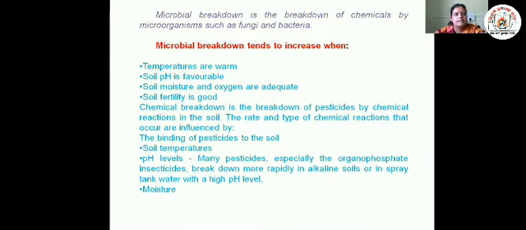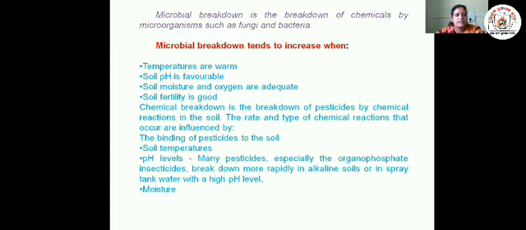Next is microbial breakdown. It is the breakdown of chemicals by microorganisms such as fungi and bacteria. This increases when the temperature is warm, soil pH is favorable, soil moisture and oxygen are adequate, and soil fertility is good. Next is chemical breakdown. The chemical breakdown is the breakdown of pesticide by chemical reaction in the soil.